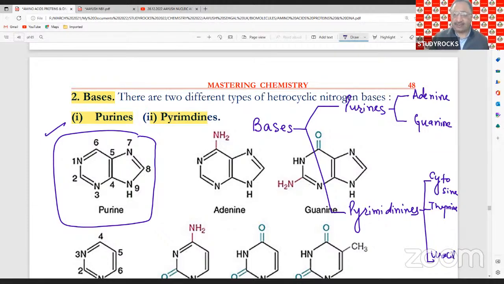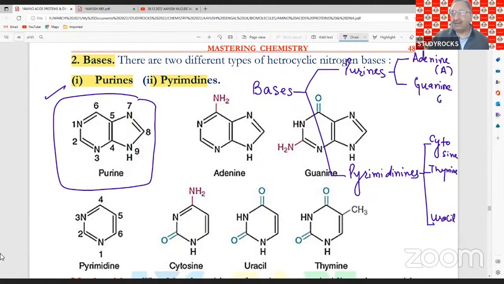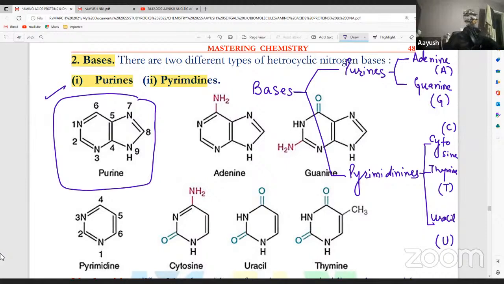Adenine, guanine, cytosine, thymine, and uracil. In the brackets, you write capital A for adenine, G for guanine, C for cytosine, T for thymine, and U for uracil. Is it okay?